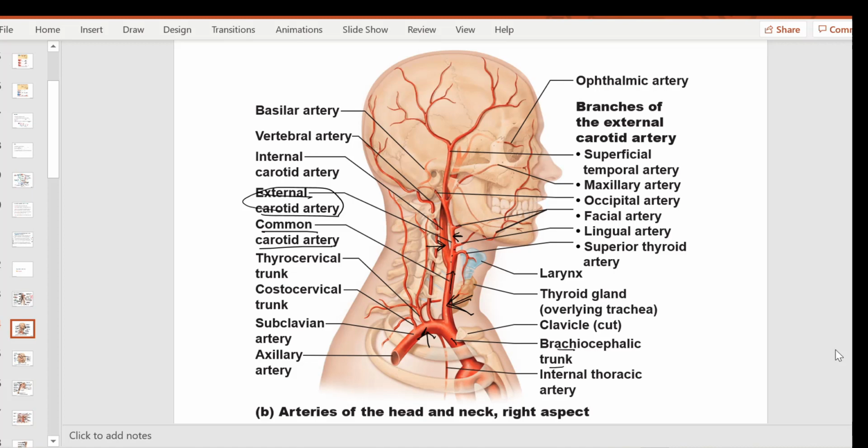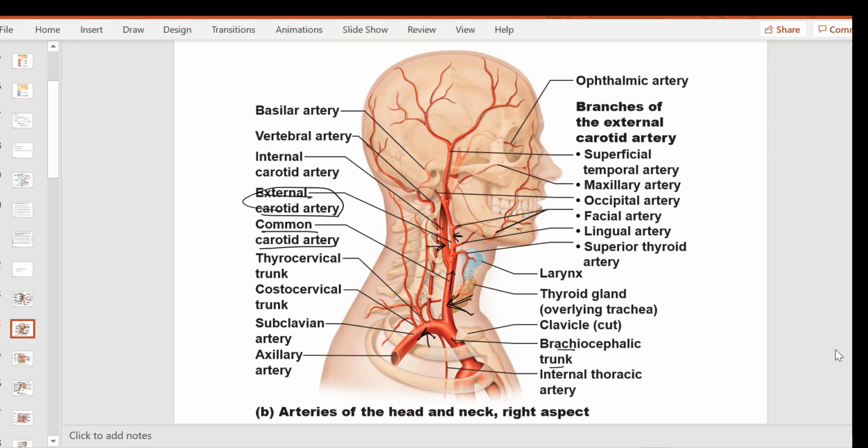Internal carotid mainly supplies blood to the brain, the internal part of the head. And external carotid supplies mainly blood to the outer part of the head, that means to the scalp, bones, facial muscles, those are the outer structures of the head, and they receive blood from the branches of the external carotid.